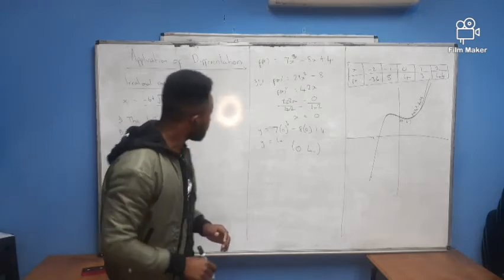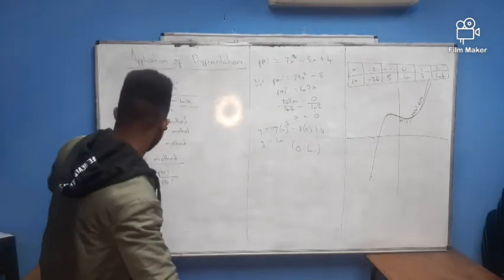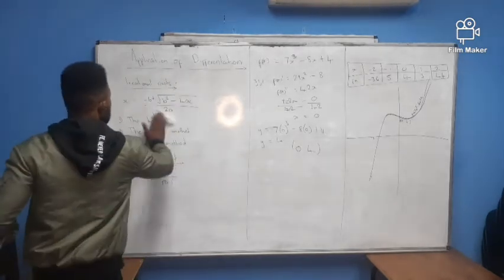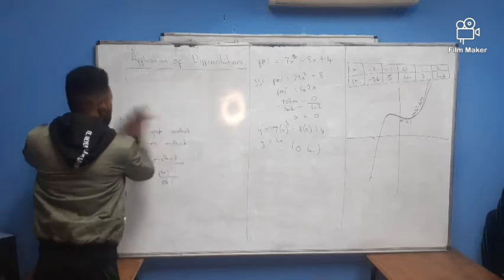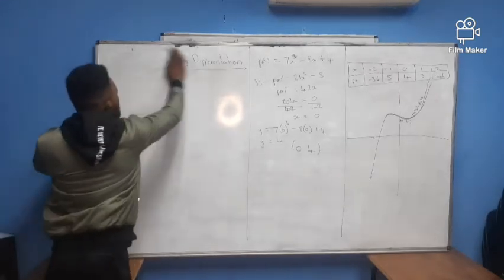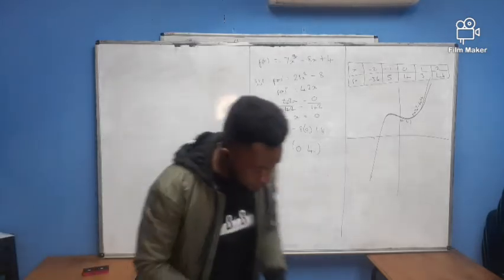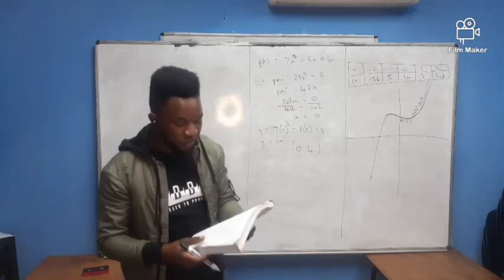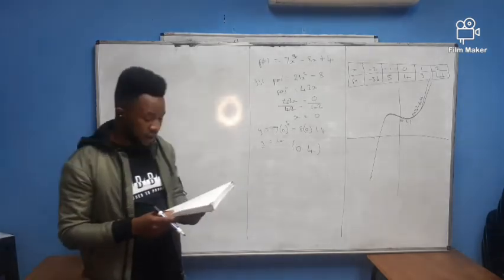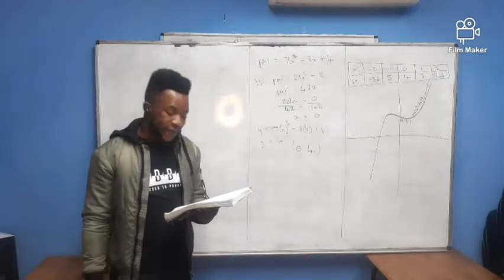And then on 3.1.4, let me just rub this side. On 3.1.4, they're saying one of the roots of the equation f(x) = 7x cubed minus 8x plus 4 is close to -1.